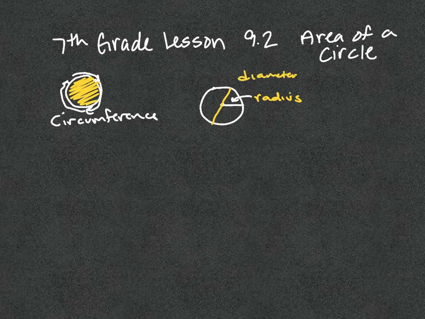That is the whole way across, as if you were standing in the center and reaching an arm out both ways. It is always 2 times the radius. 2 radii would make a diameter. Or if I know my diameter, but I wish to know the radius, I could take my whole diameter, divide by 2 to get my radius. So it's important that you know how to do that.